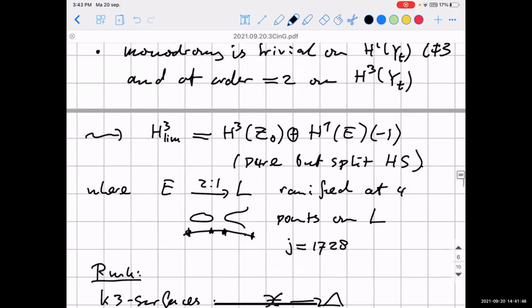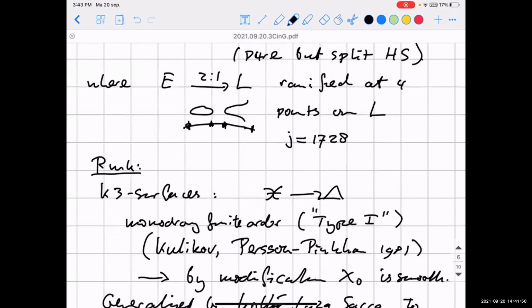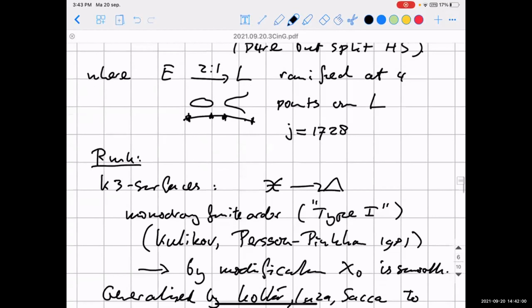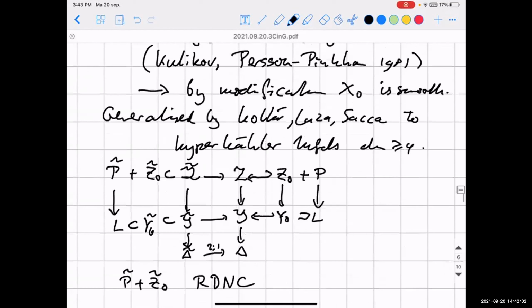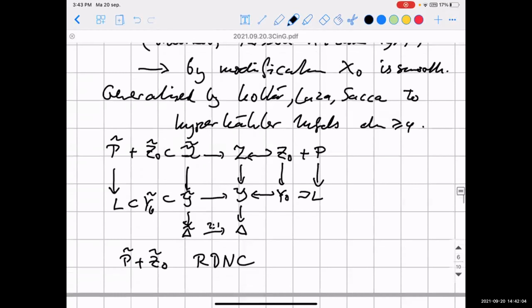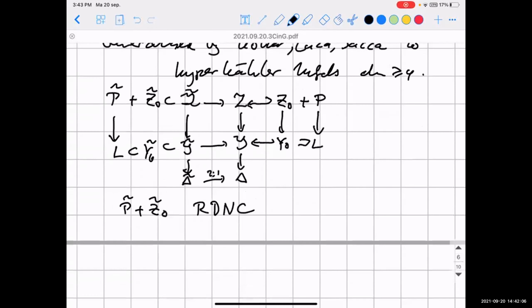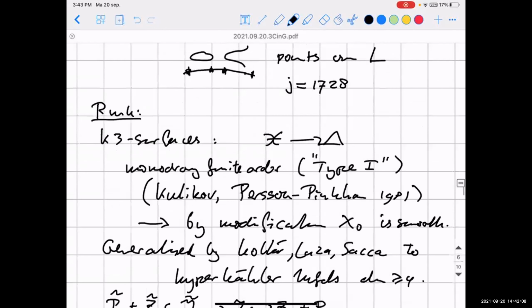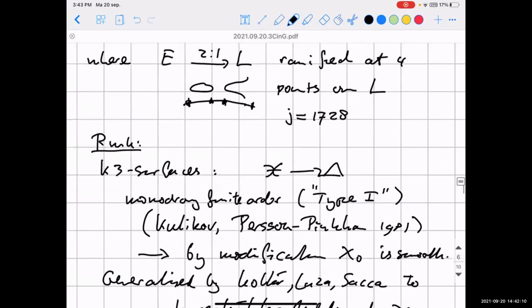So the space is split in 2 pieces, and this is unavoidable. There cannot be any pure smooth filling of this family because of the Hodge numbers of Z0, and the Hodge numbers are birational invariants, so it can never happen.